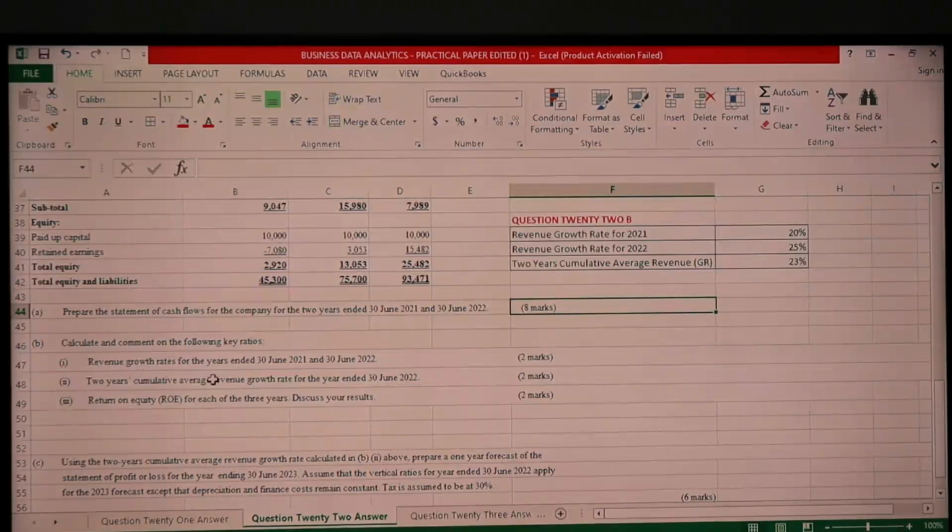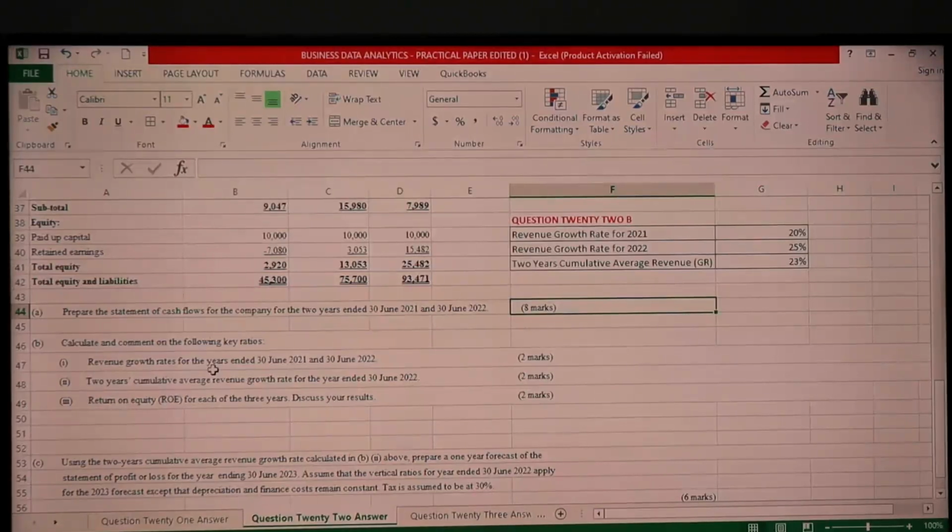Then the last question, you're supposed to compute the return on equity for the 3 years. Now this one I'll give you to compute first.